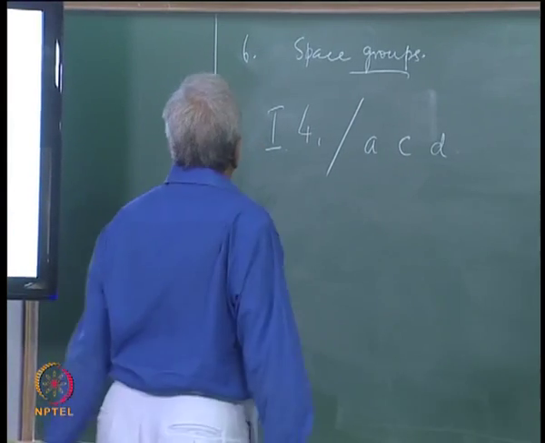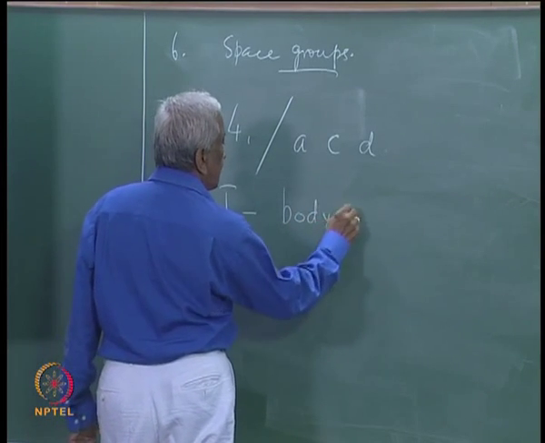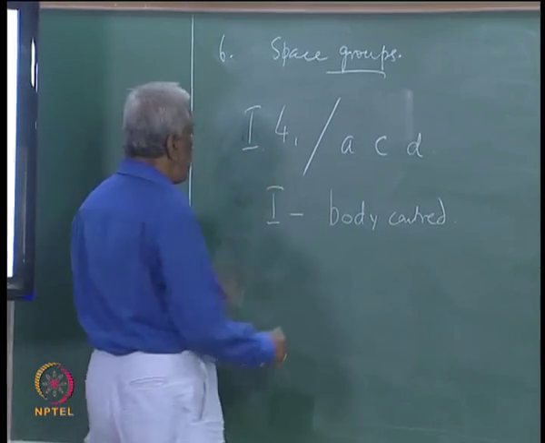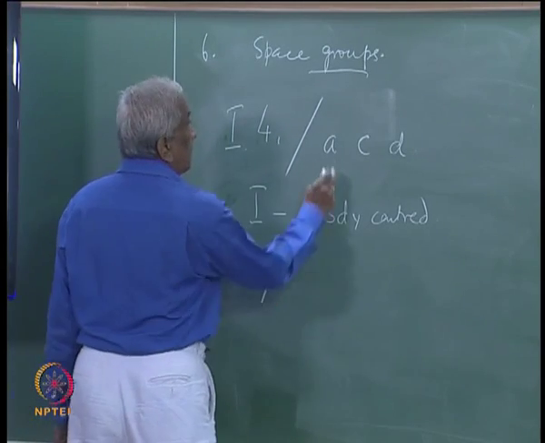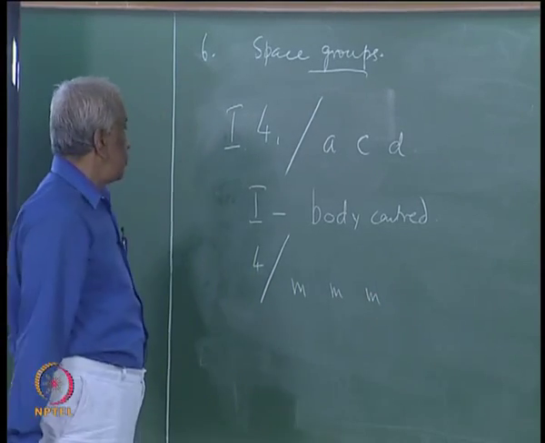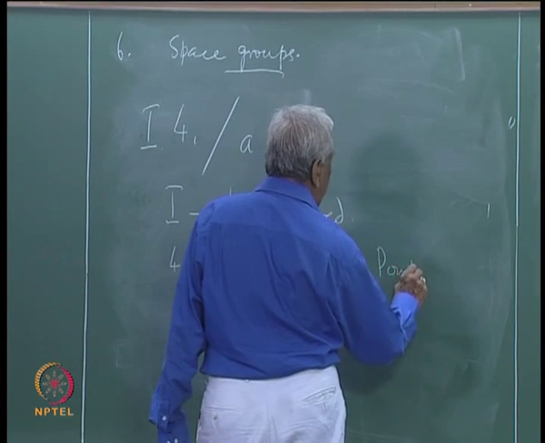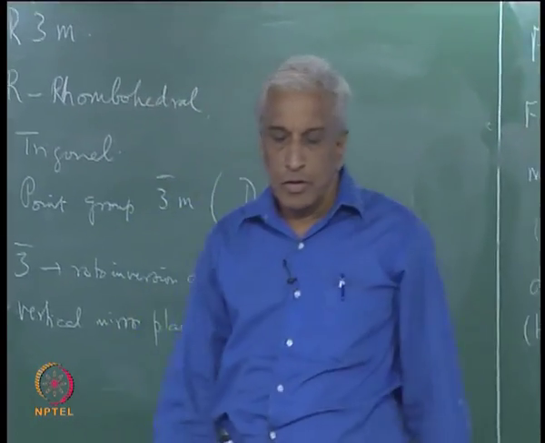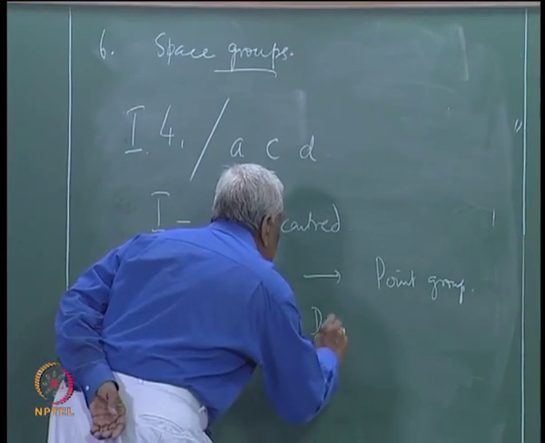So, the symbol I stands for body centered lattice, and the symbol 4-1 means the isogonal point group is 4/m, these are all mirrors. So, this is the point group 4/mmm, so fourfold axis with vertical mirrors. So, this is D4h.